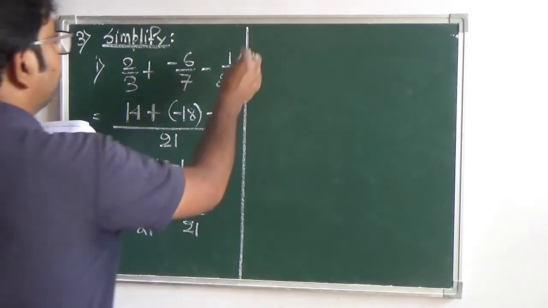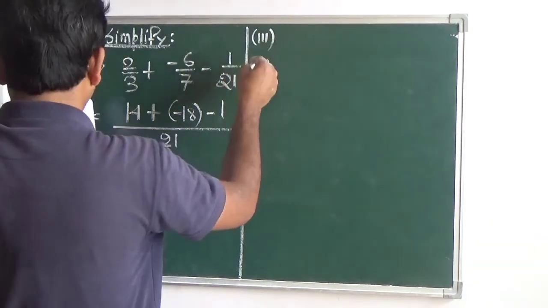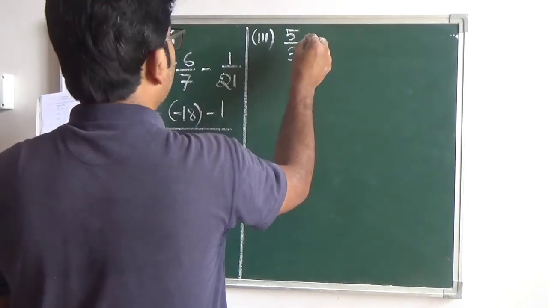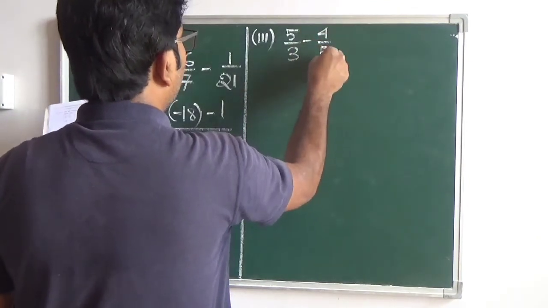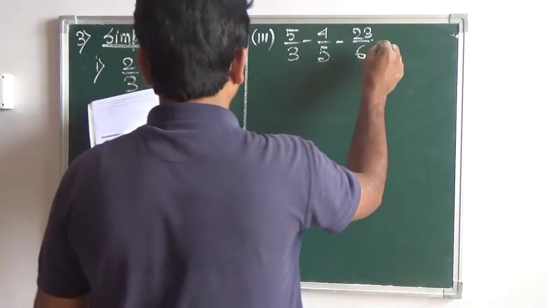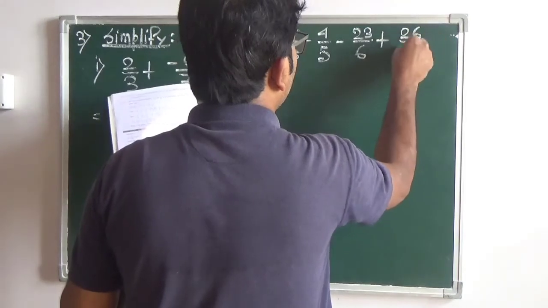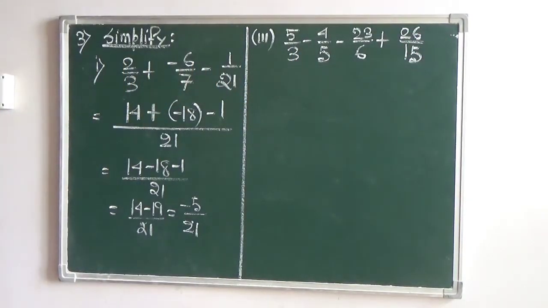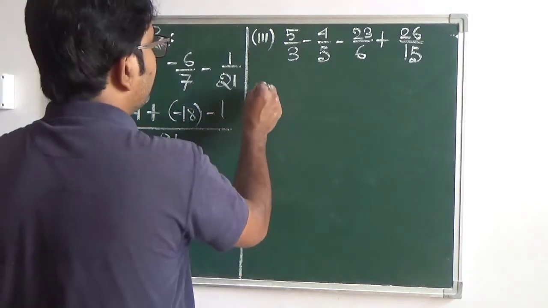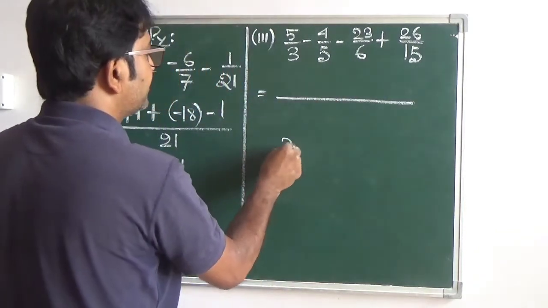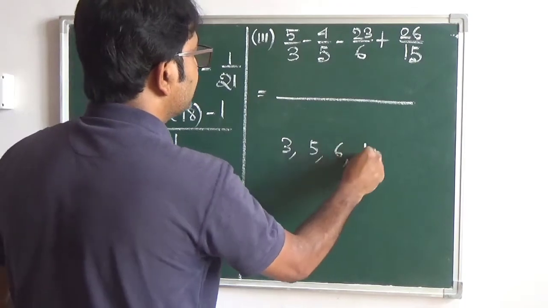We take the third part, 5 by 3 minus 4 by 5 minus 23 by 6 plus 26 by 15. So first we need to find the LCM of all these 4, 3, 5, 6 and 15. So let us take the LCM first, 3, 5, 6 and 15.